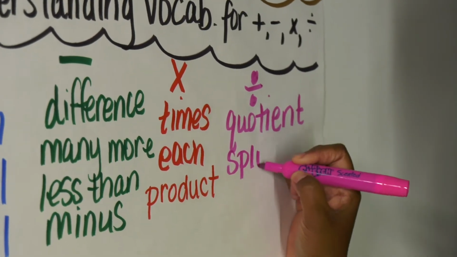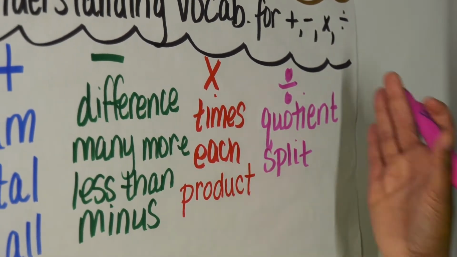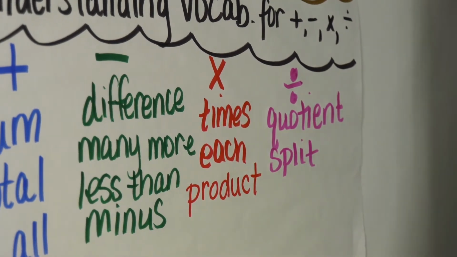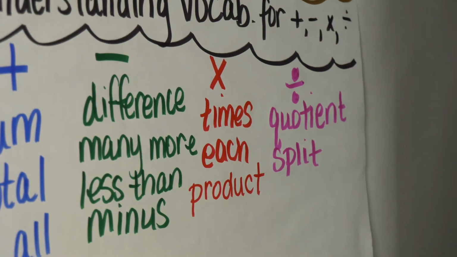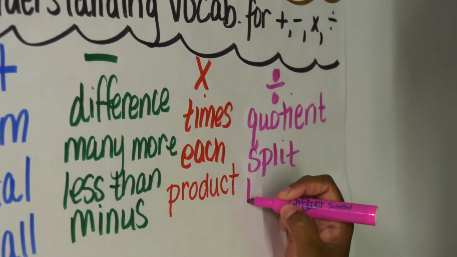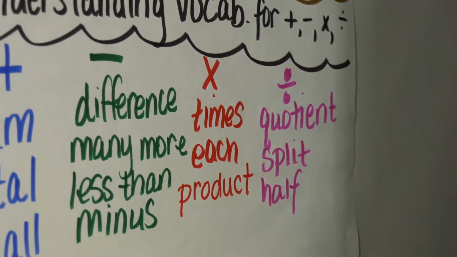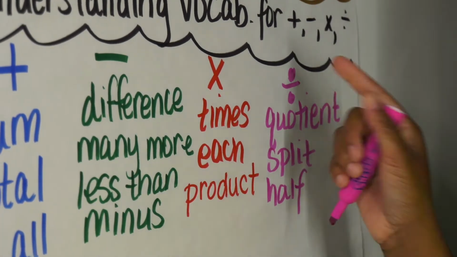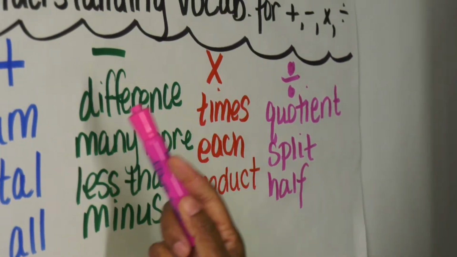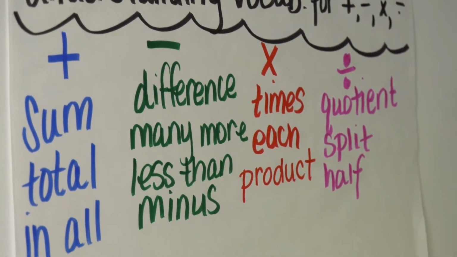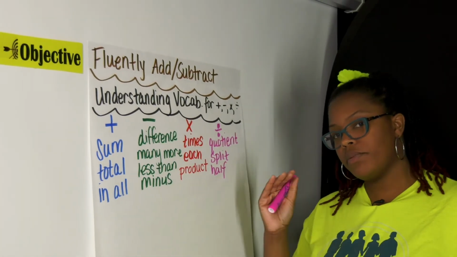Also, if you're splitting something evenly, if they ask you to split it up, that means they want you to divide as well. Another word that you may see is half. They say, what is half of a number? That means you're going to split it in half. That means you're going to divide. Okay, so those are just a few of our vocabulary terms for all of our math operations.